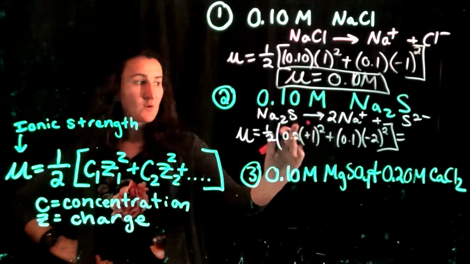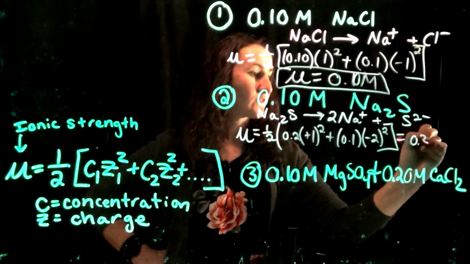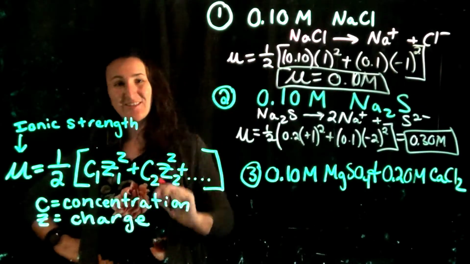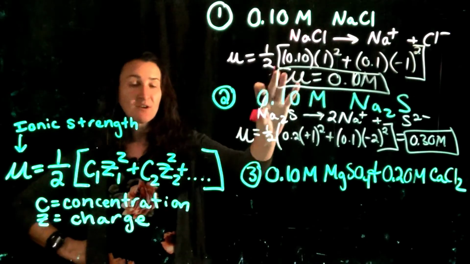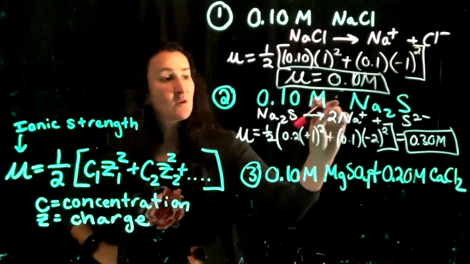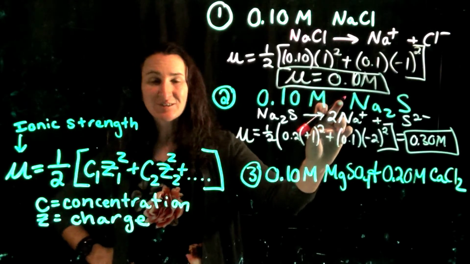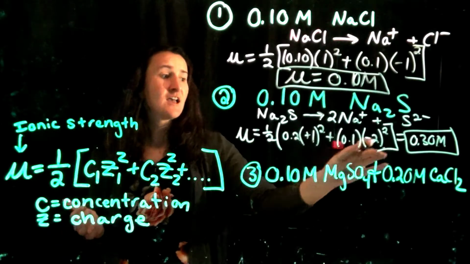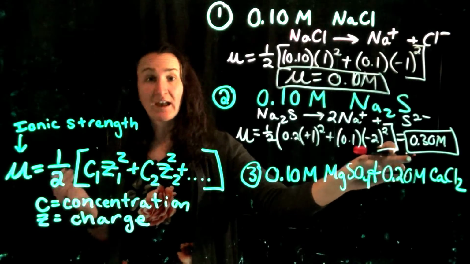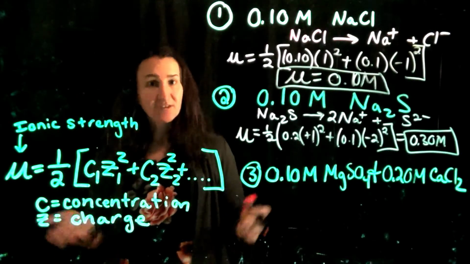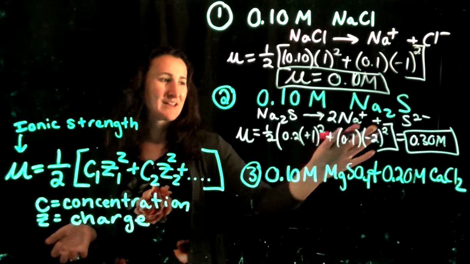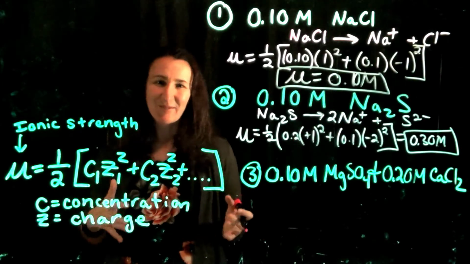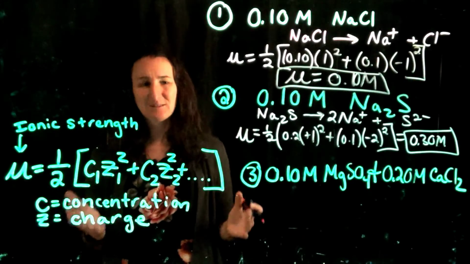Now when we place all that into our calculator, we end up with 0.30 molar, which is very different than if it's sodium chloride. What you should notice is that the more doubly, the more triply charged your species is, the more charge on your ions, the greater effect it's going to have on the ionic strength of the solution, which makes sense. Because the more charge it has, think about it as magnetism almost, the more it's going to affect the solution.